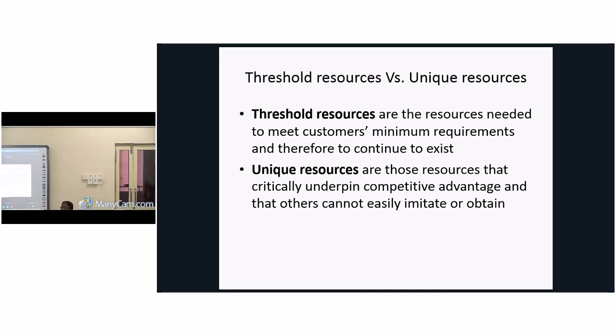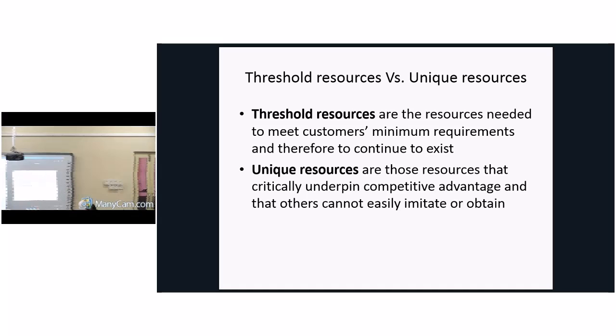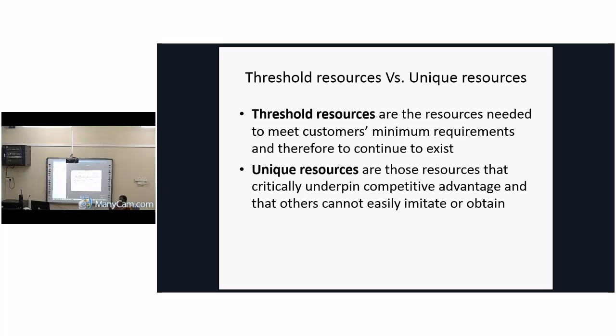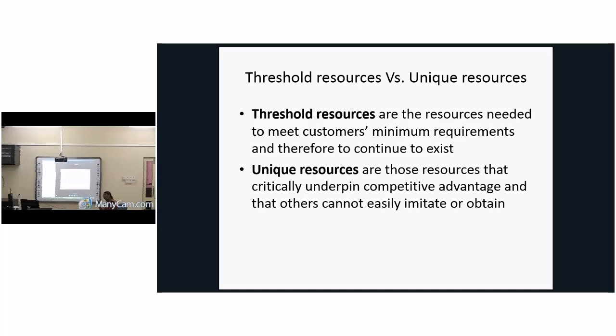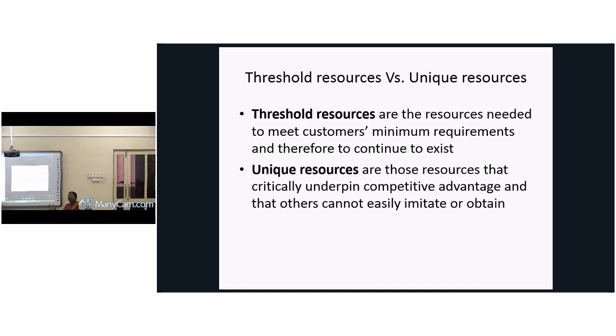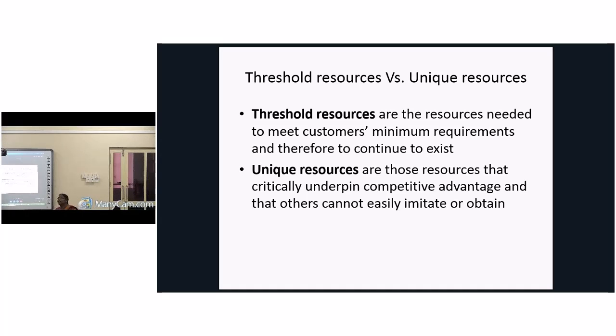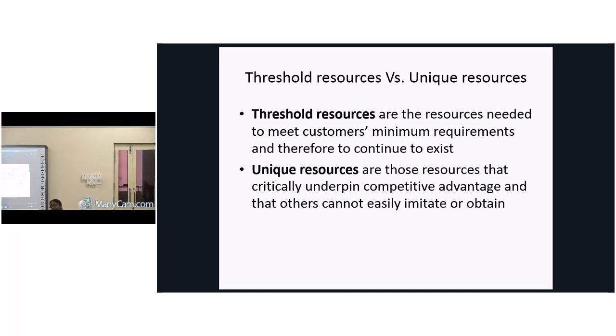Unique resources cannot be imitated. Unique characteristics cannot be imitated by others. So, the organization should protect these unique resources and unique competencies because they have the ability of gaining competitive advantages.